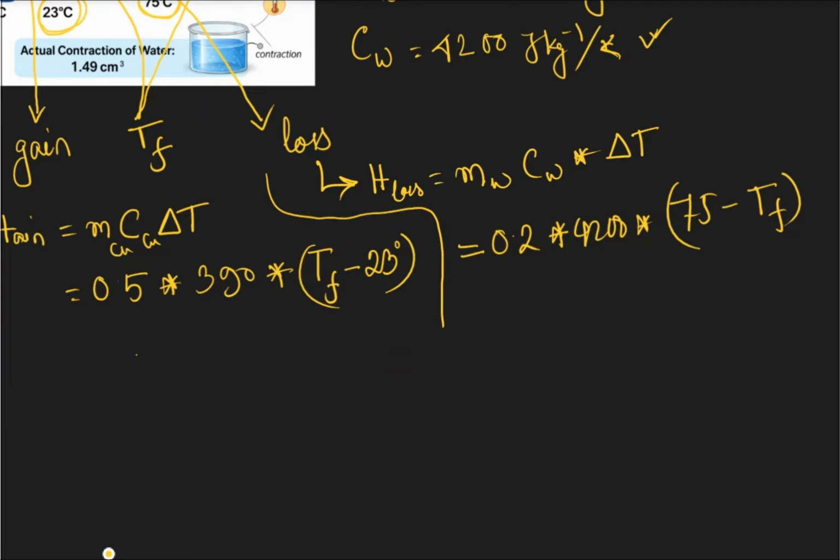Now we have to use the formula of calorimetry. By the formula of calorimetry, we know that heat gain is equals to heat loss, right? So let's plug in the value of heat gain, that is 0.5 times 390, and the value of TF.